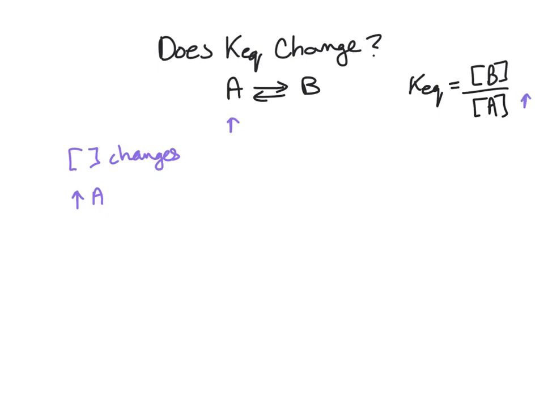This stresses the equilibrium and makes it shift to the right to use up that A. And so my value of B increases. Since both increase by the same factor, K remains the same. It does not change.